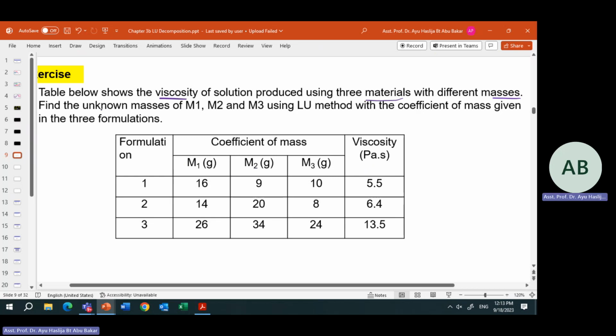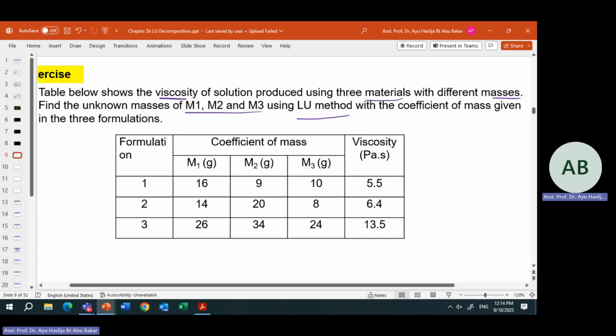It asks you to find the unknown masses, M1, M2, M3. These are your unknowns, as the x's in the previous exercise. Using the LU method with the coefficients of mass given in three formulations.